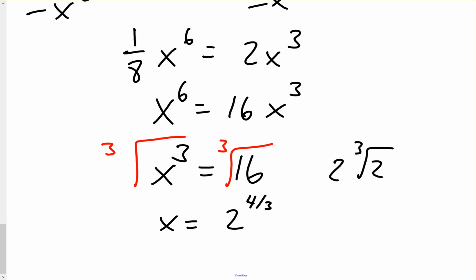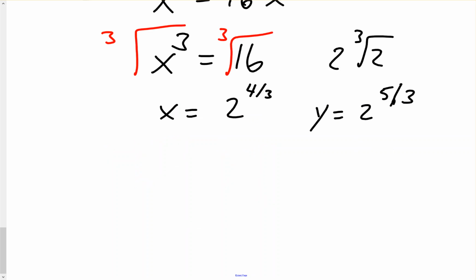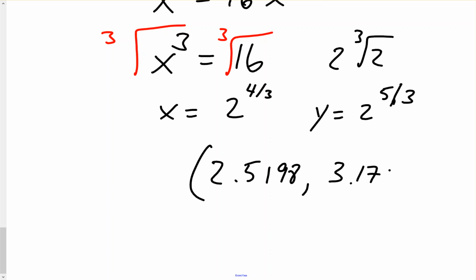If we plug that in to our equation, we would get y equals 2 to the 5/3. So numbers wise, if we did this on a calculator, this would be approximately 2.5198 and 3.1748.